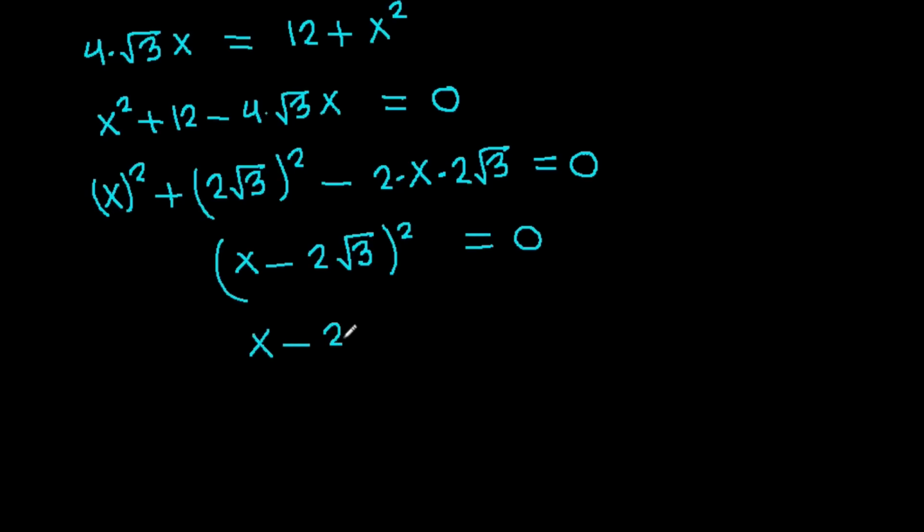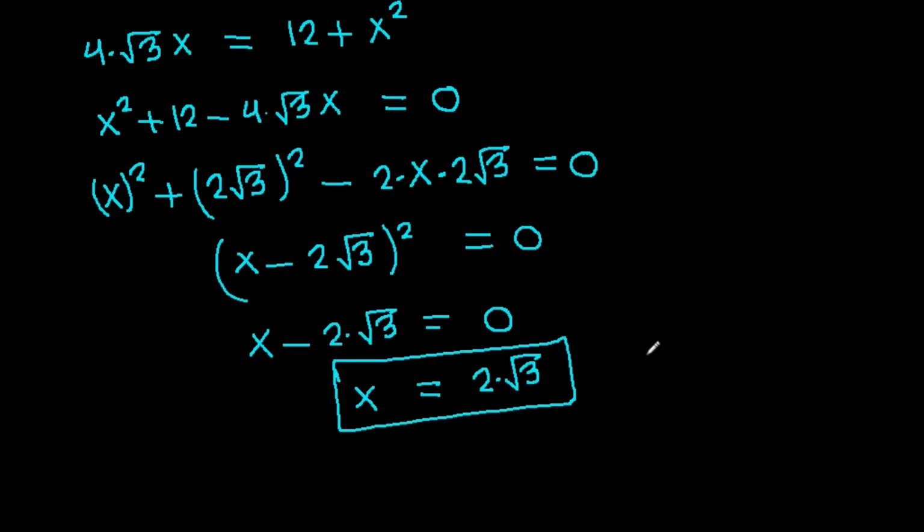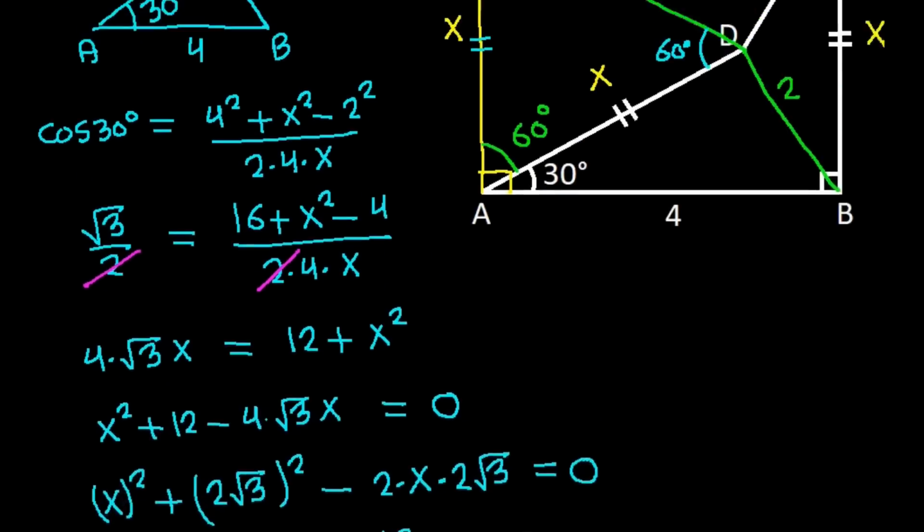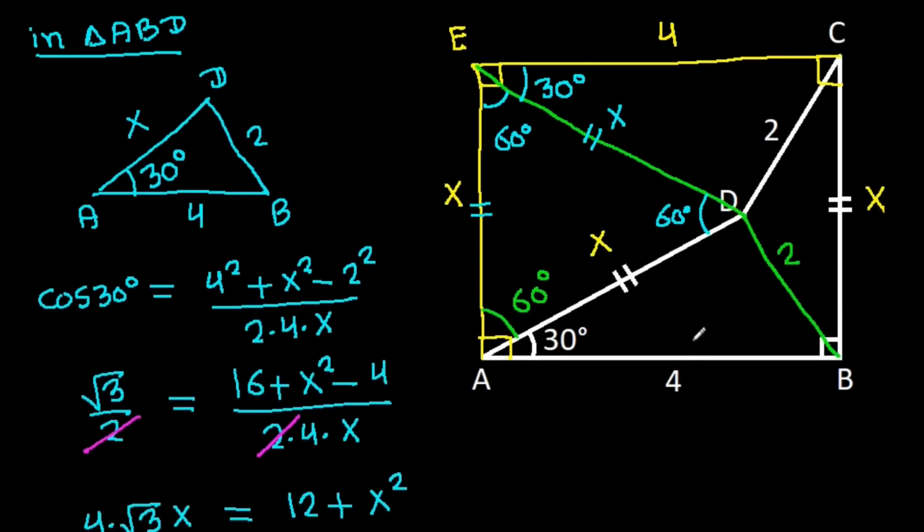So x minus 2 times square root of 3 will be 0, and x will be 2 times square root of 3. We get x is 2 times square root of 3.